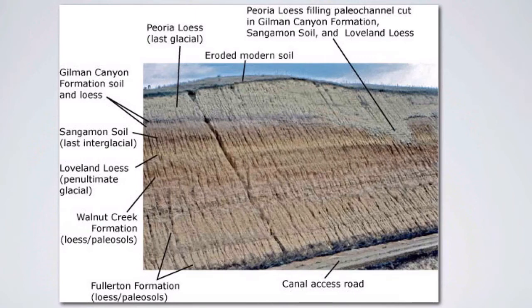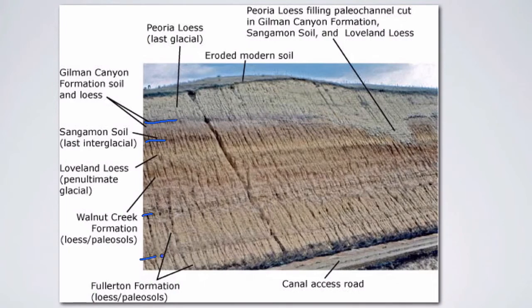So this is from Nebraska, and what it shows here is a situation where you've had multiple deposits of loess over time. So what they show here is the modern soil surface with a typical soil development, but dark bands that run through these areas.